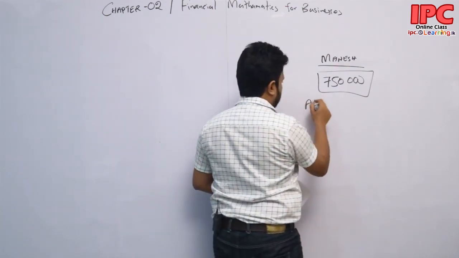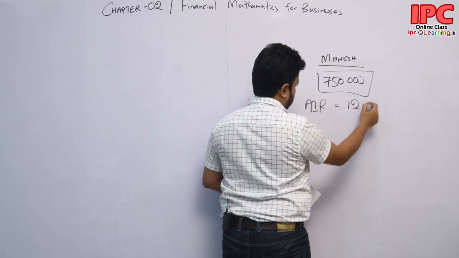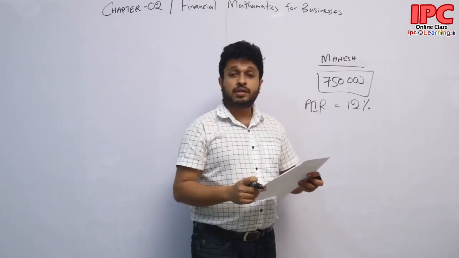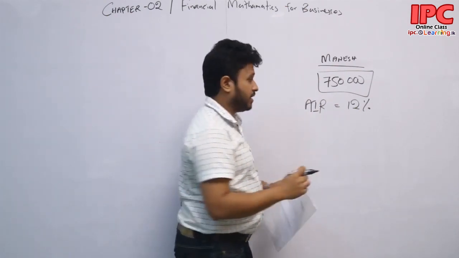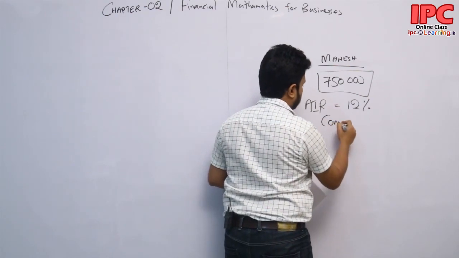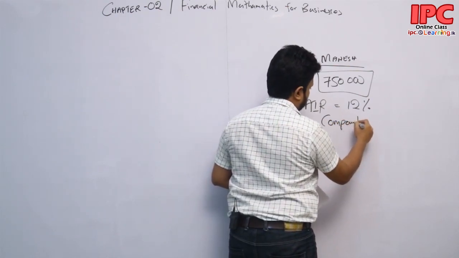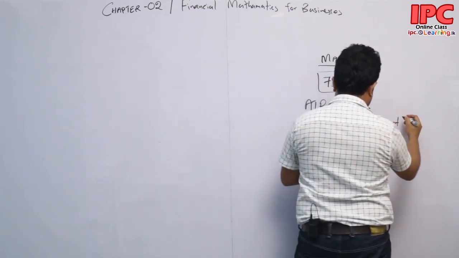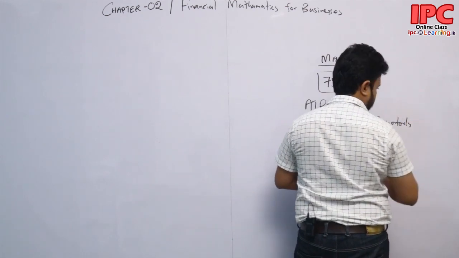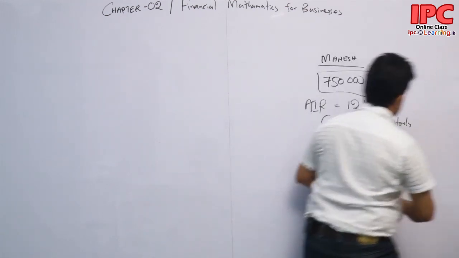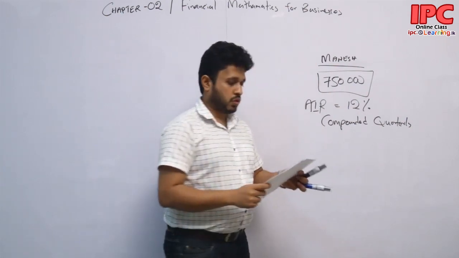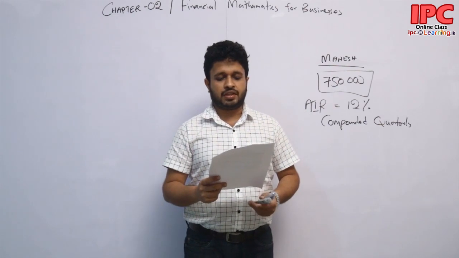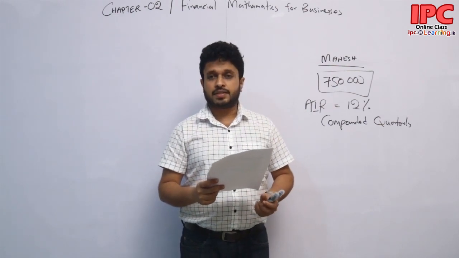So the annual interest rate is 12% and it is compounding quarterly. You are required to calculate the following in his account at the end of the second year.